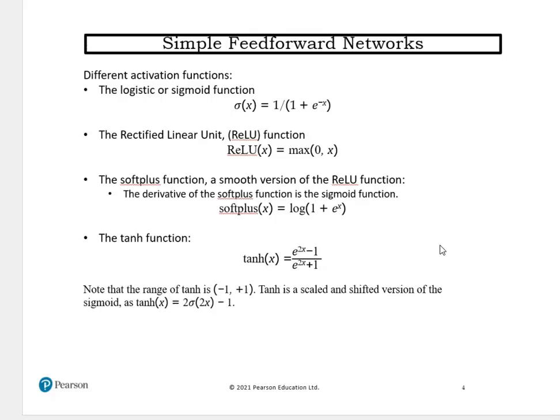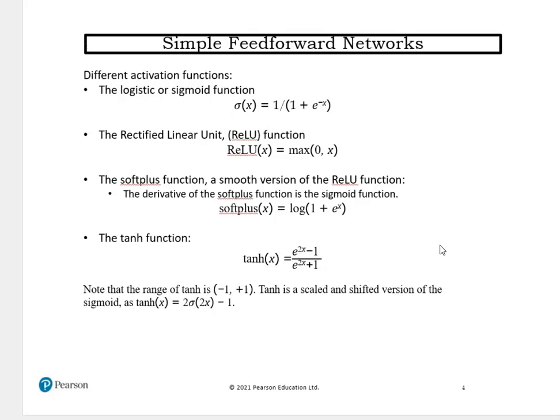There's also the softplus function, which is a smoothed version of the ReLU function. So softplus of x is log of 1 plus e to the x. And as you can see, the derivative of the softplus function gives you the sigmoid function.